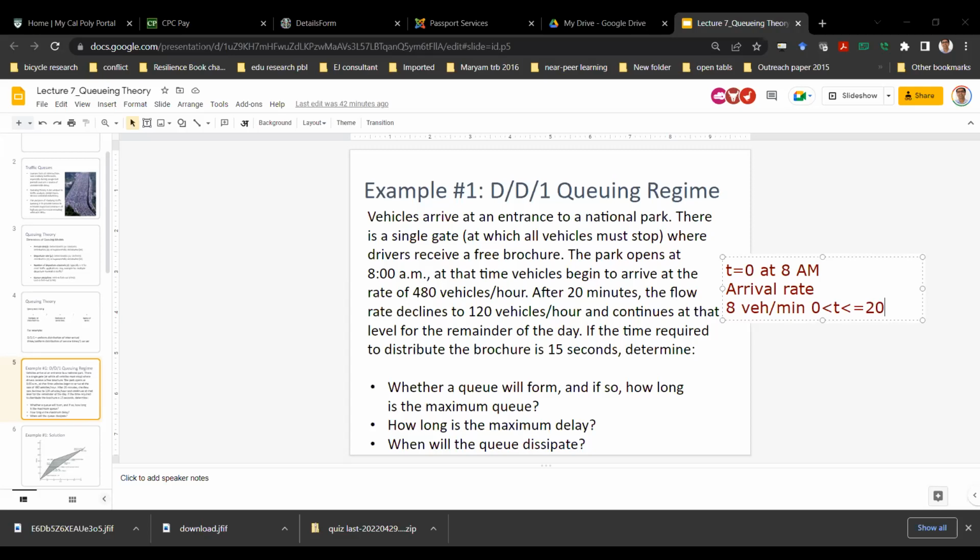Between t equal to 0 and 20 minutes, this is my arrival rate. What happens to the arrival rate at t greater than 20? Anytime after t equal to 20 minutes, it becomes how much? 2 vehicles per minute. That's right. That's t greater than 20.